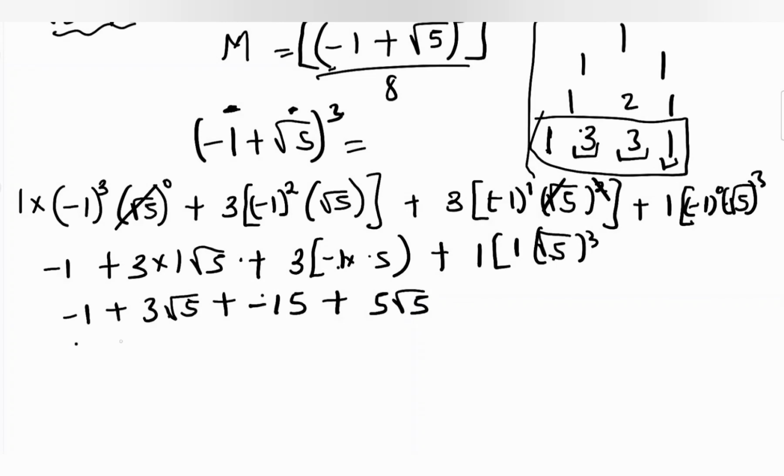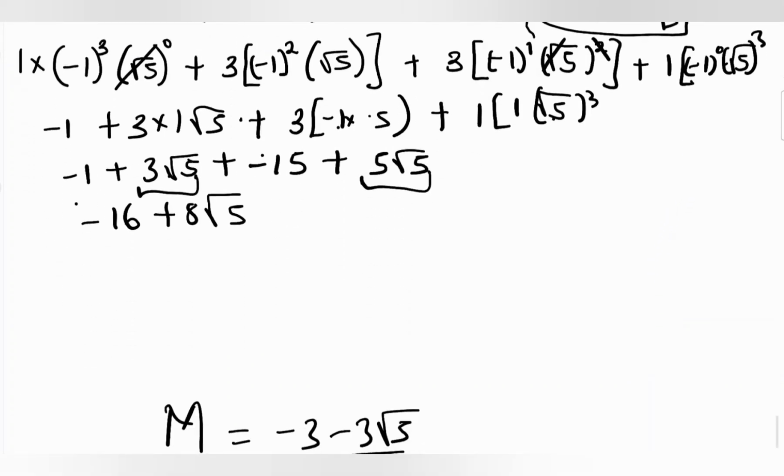On getting here, -1 minus 15 is -16. Then plus 3√5 and 5√5 will give you what? 8√5. On getting this, we've simplified the numerator.